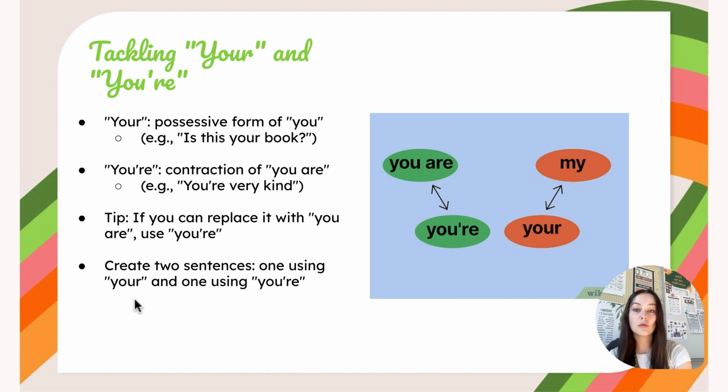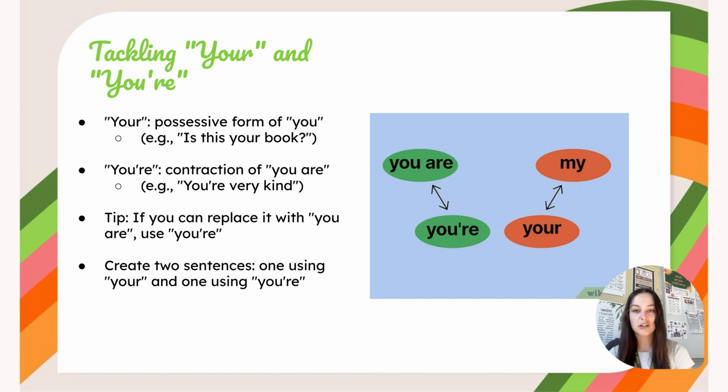And then when you use the apostrophe, that's going to be the contraction of the 2 words you and are, just as like in our previous slide, we talked about they and are. You use that apostrophe to kind of glue those 2 words together. So you're very kind. We know that we are using the correct you're here because we're able to split it up to you are very kind, and it's still saying the same message.